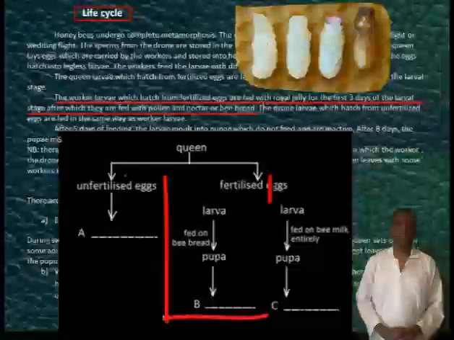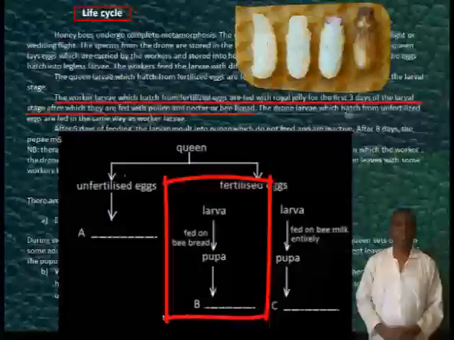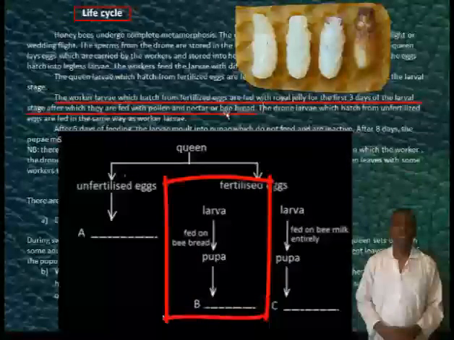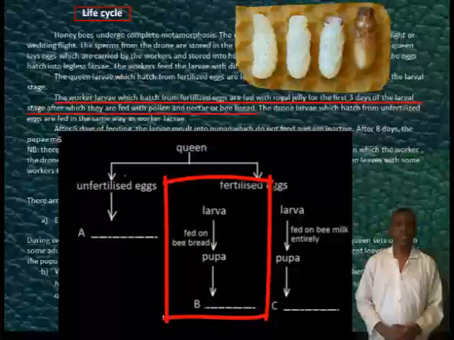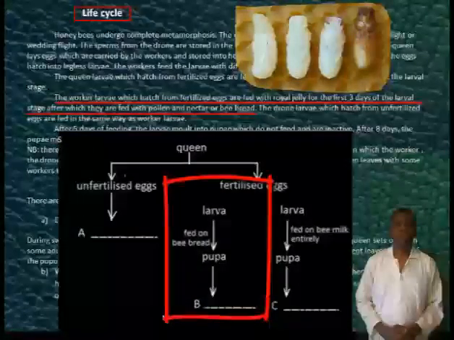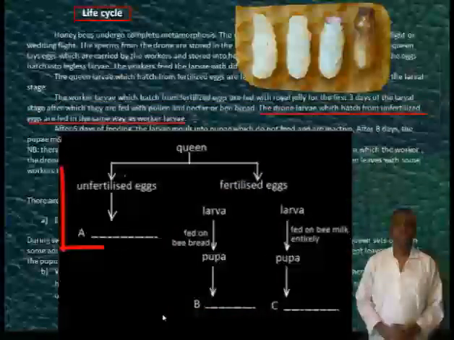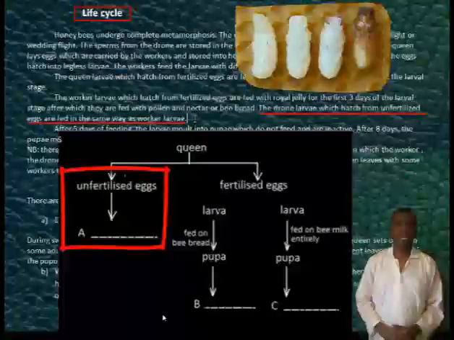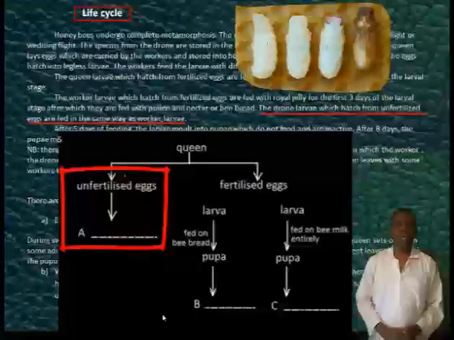The worker larvae, which develop from fertilized eggs, are fed with royal jelly for the first 3 days of the larval stage, after which they are fed with pollen and nectar or bee bread. The drone larvae, which hatch from unfertilized eggs, are fed in the same way as the worker larvae.